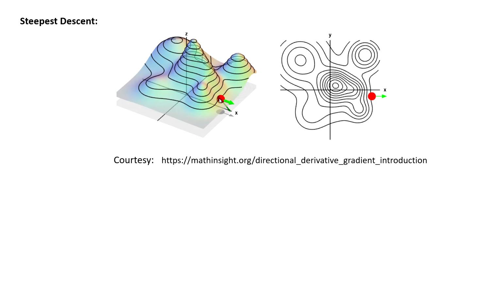The answer is perpendicular to it. If in one direction it is 0, perpendicular to it should be the maximum. In fact, the gradient vector is nothing but normal to the level curve at that point. If we draw a tangent and then perpendicular to it, that is the direction in which the gradient vector would be pointing.